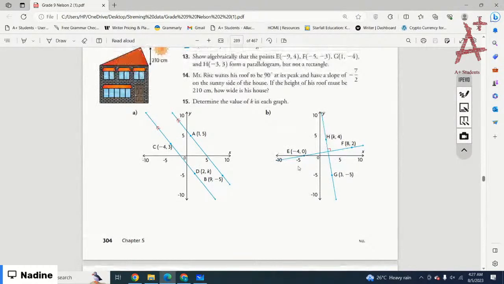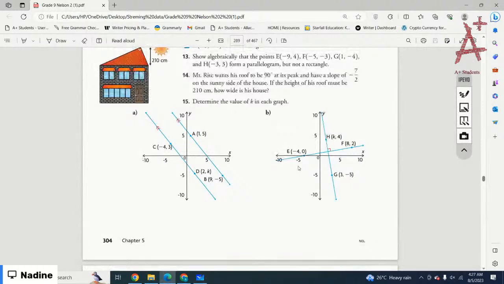Just look at the question number 15. Determine the value of K in each graph.